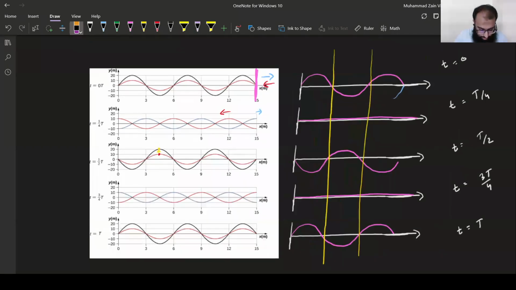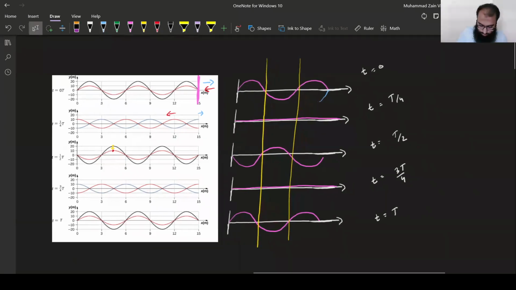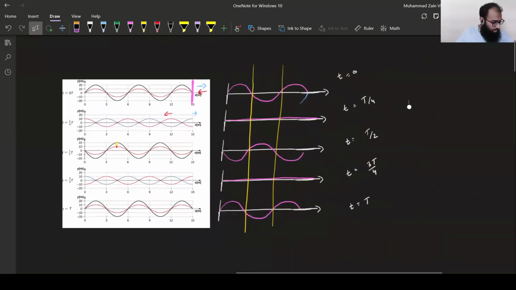The idea is that at one instant, time t equals 0, the wave would be something like this. Then at another instant, after a quarter time period, there would be no wave because the wave has just gone down.